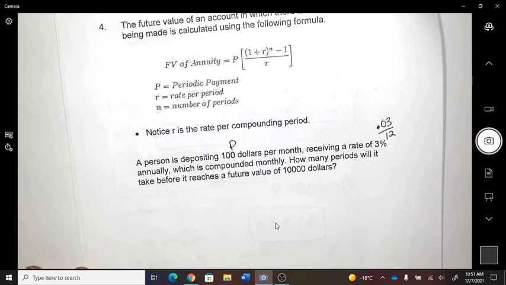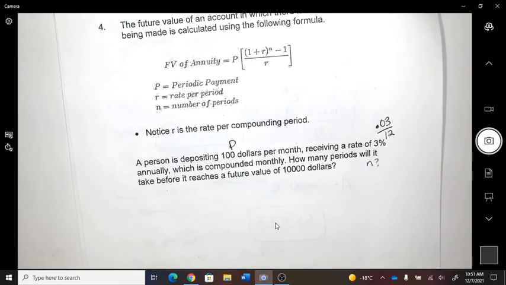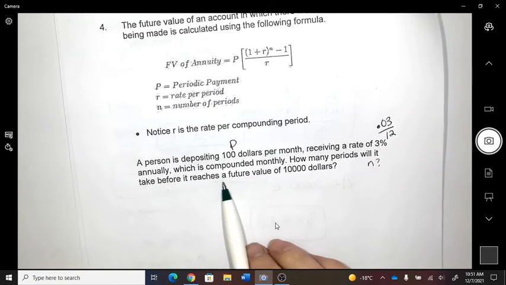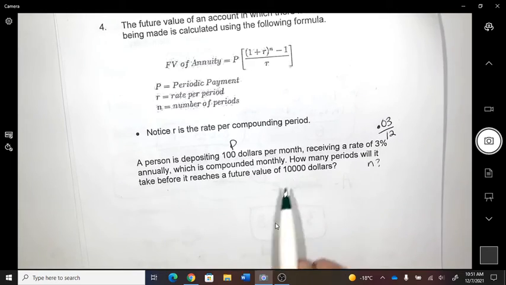How many pay periods? So we're looking for n before it reaches a future value of 10,000.